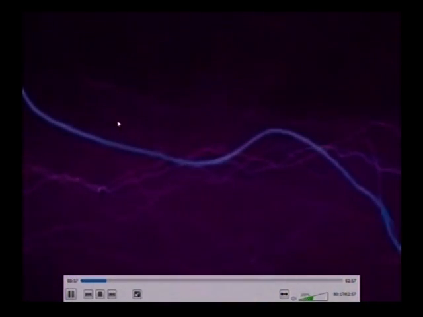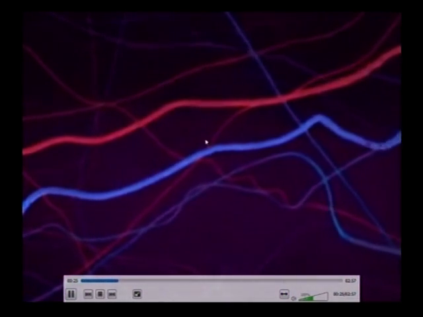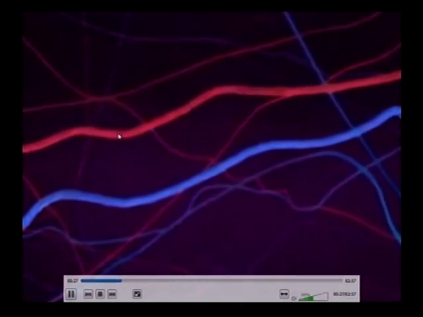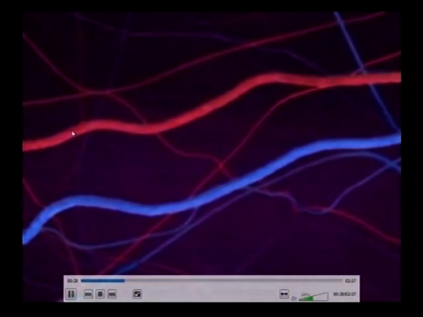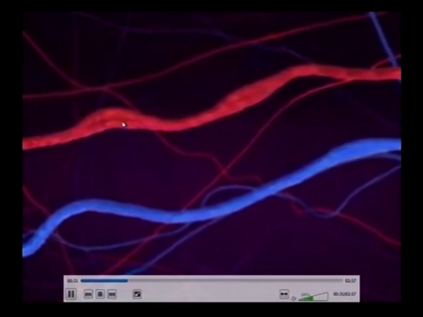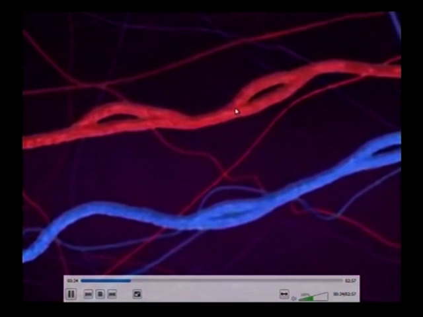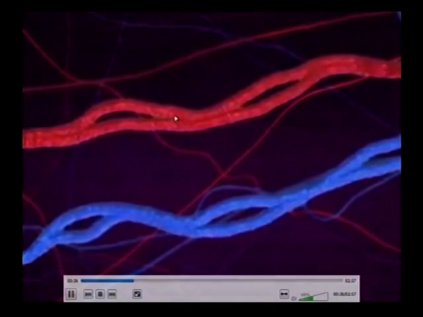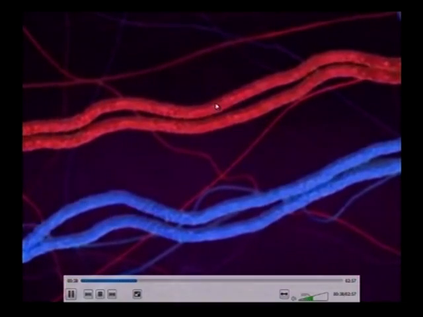Listen carefully friends, these are thread-like structures, they are chromosomes. During interphase they duplicate, clearly observe it, and they form another identical copy. See friends, here we can see another identical copy.